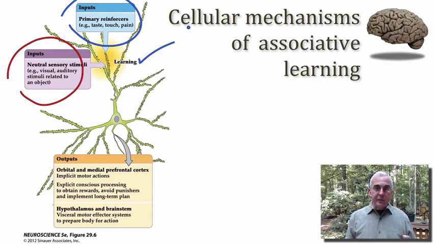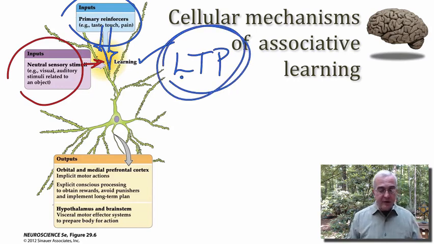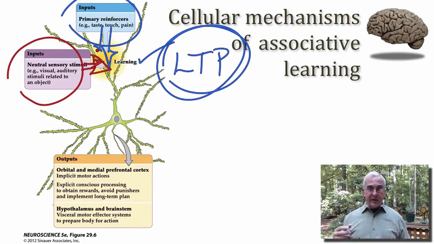In particular, if we're talking about building up an association of a strong stimulus with what is very likely initially a weak stimulus, then I hope you will recall the mechanisms that allow long-term potentiation to operate, thereby increasing the impact of this sensory stimulus that was initially neutral and weak, but following associative learning might take on a life of its own due to the strengthening of the synaptic connection.